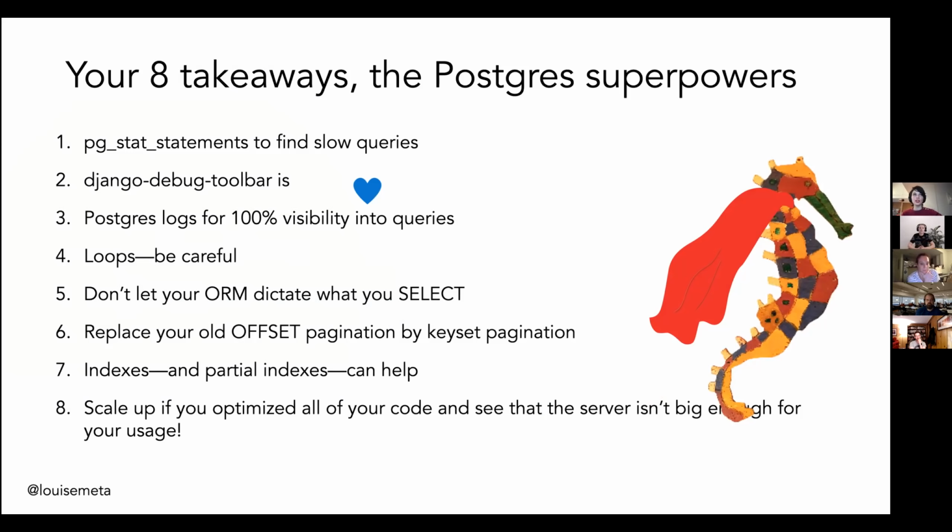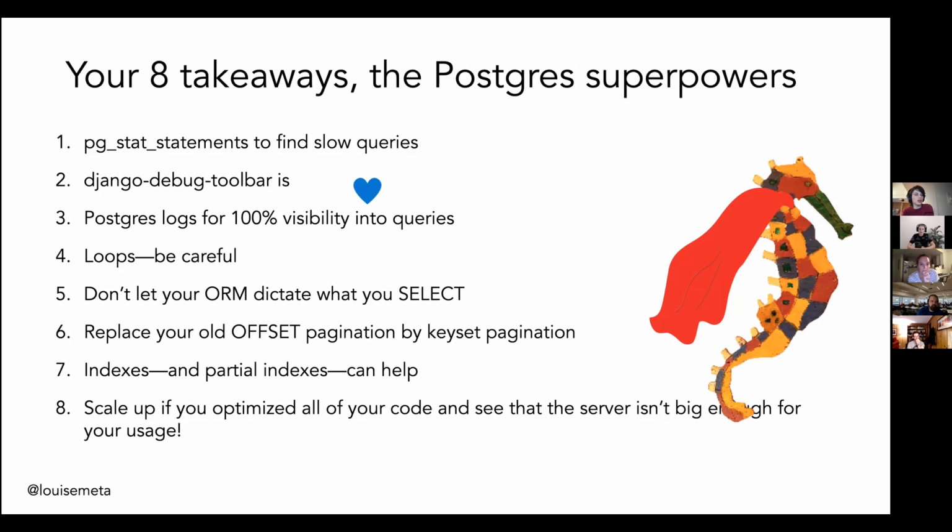The Django Debug Toolbar is really nice. If you mostly use views and templates in Django, then definitely use Django Debug Toolbar. It will help you so much. And mostly what I love about it is just being able to trace back to where in the code the queries come from, and you don't even have to do that work.